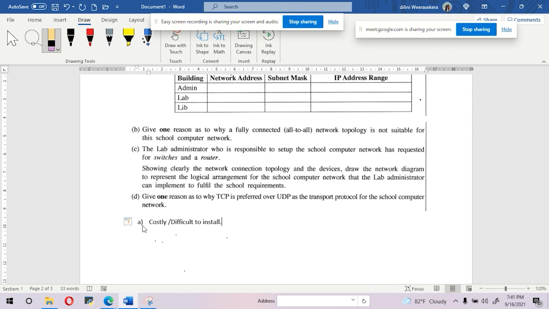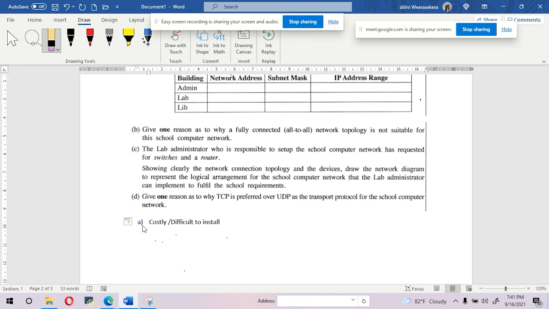As well as it's not practical. Why is it not practical? Because these buildings are geographically separated. The lab is 500 meters away, sorry, not 500 kilometers. That means half a kilometer, a little bit longer distance. So we need longer wiring.